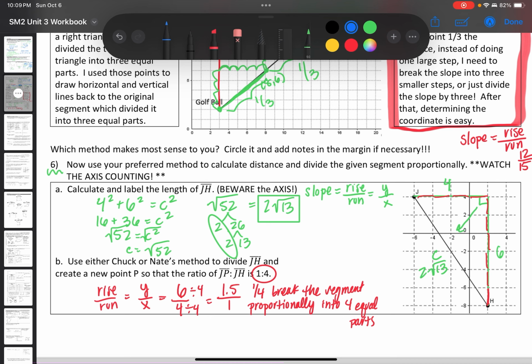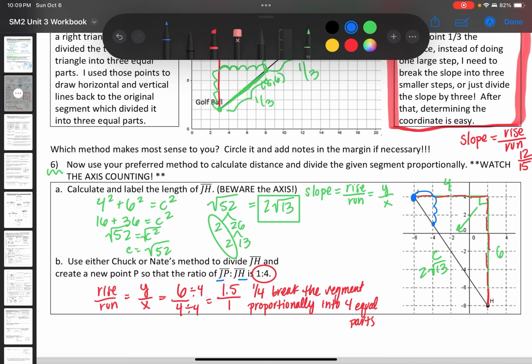But I need to do it from J to H, so I'm going to start right here at J. I run 1, and then I go down 1.5.